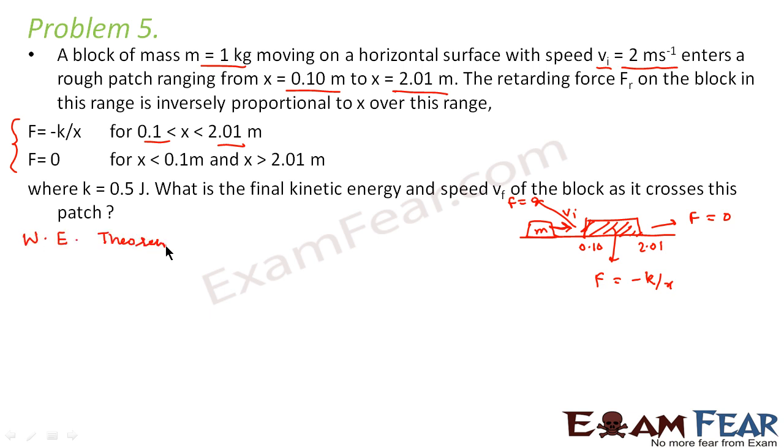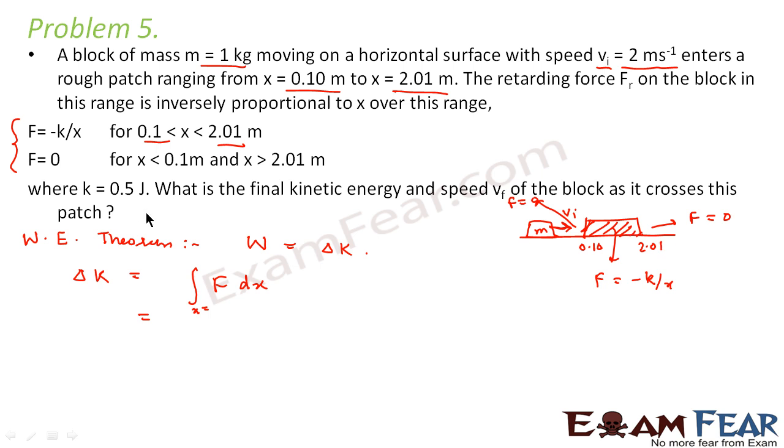From the work energy theorem, we know that work done is equal to change in kinetic energy. So change in kinetic energy is equal to the integration of F dx, from x equal to 0 to x equal to infinity.